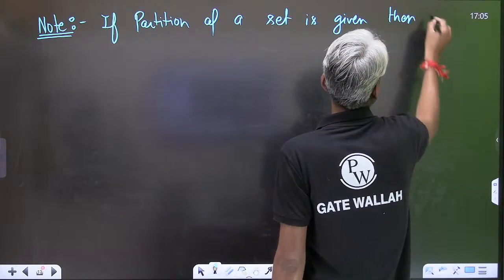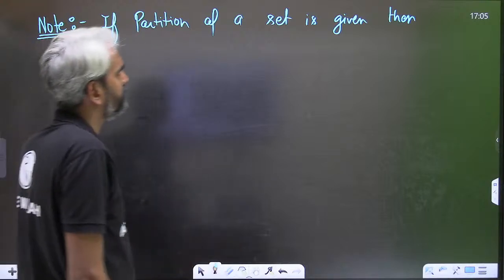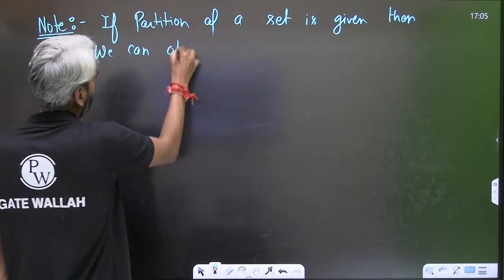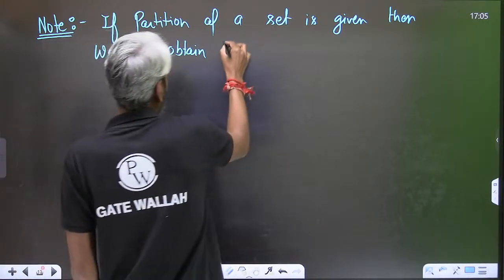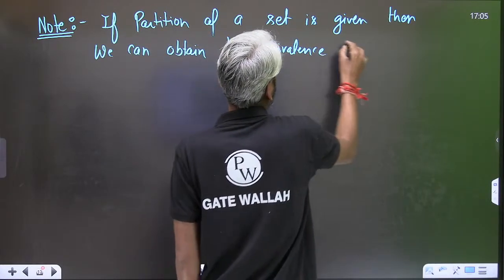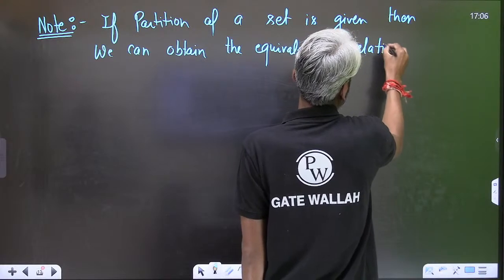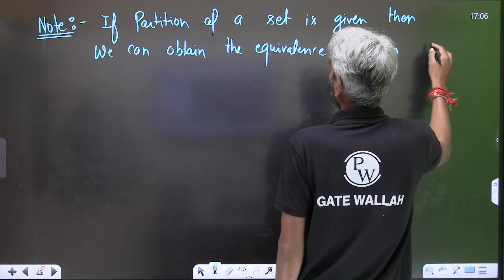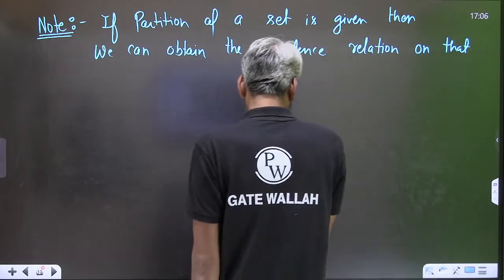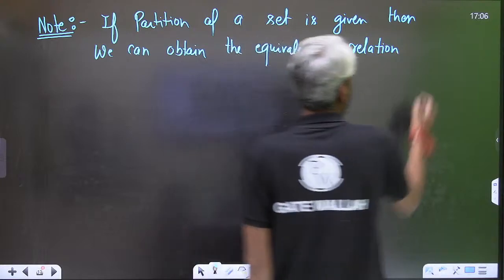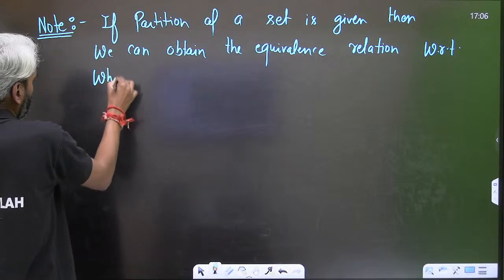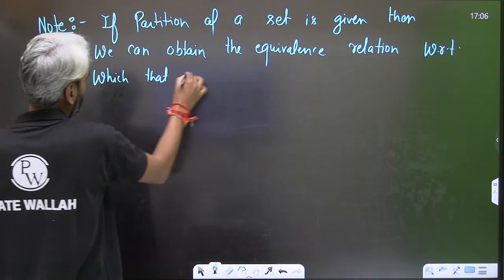Then we can obtain the equivalence relation on that set, or we can obtain the equivalence relation with respect to which that partition is created.